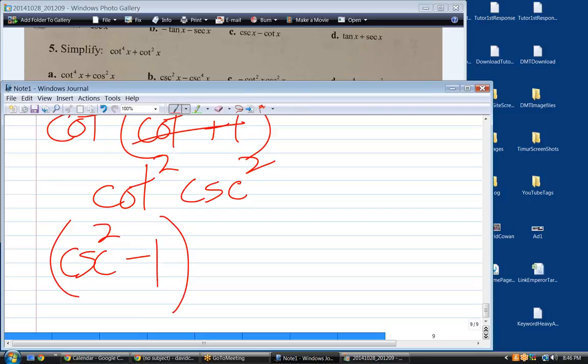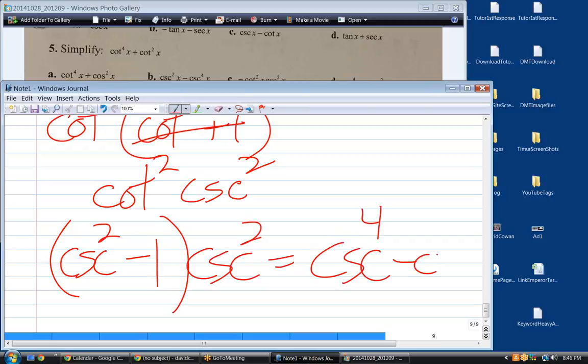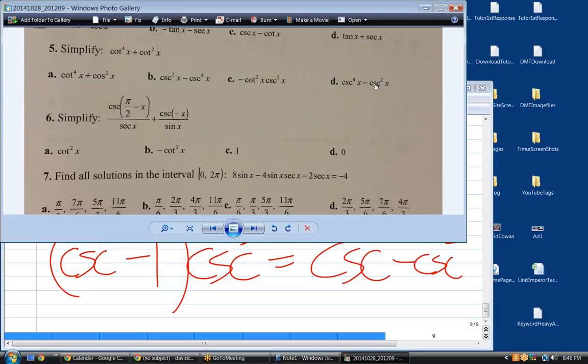Times cosecant squared equals cosecant to the fourth minus cosecant squared. That's 1. B again. That's kind of interesting, that the sum of those two is equal to the difference of those two. Some of these trig identities turn out to be awfully strange.